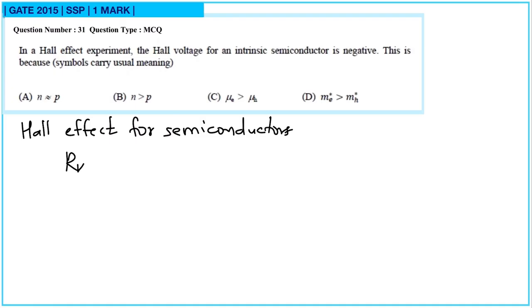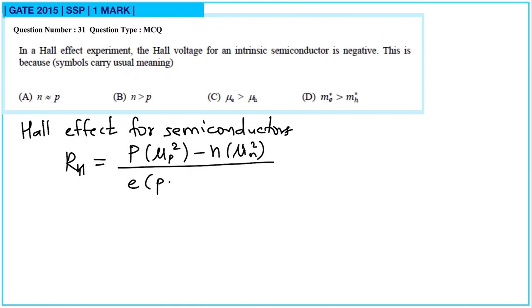And the formula for Hall coefficient RH is equal to p in bracket mu p square minus n in bracket mu n square upon e, p mu p plus n mu n square. Here mu p and mu n are mobilities of holes and electrons, and p and n are concentration of charge carrier, concentration of holes and electrons.